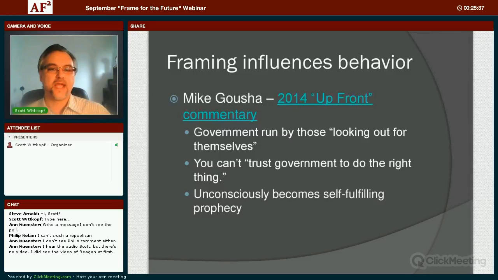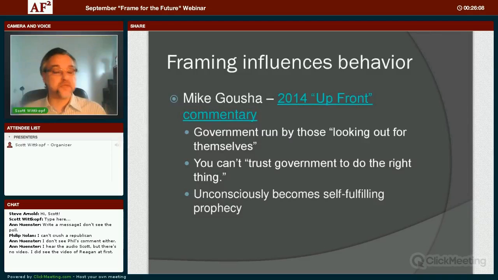So Gousha gets at the end that kind of big question about what it means for our democracy, and as somebody who's been following politics with the media for a very long time, he's probably having a sense that, look, something's very wrong about this. And a few salient points there. First of all, most people agreeing with the statement that government is run by those who are looking out for themselves, right?